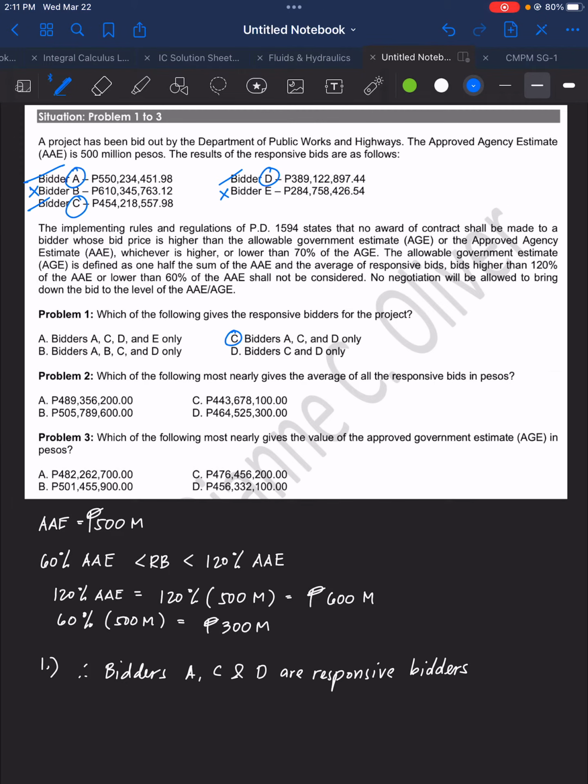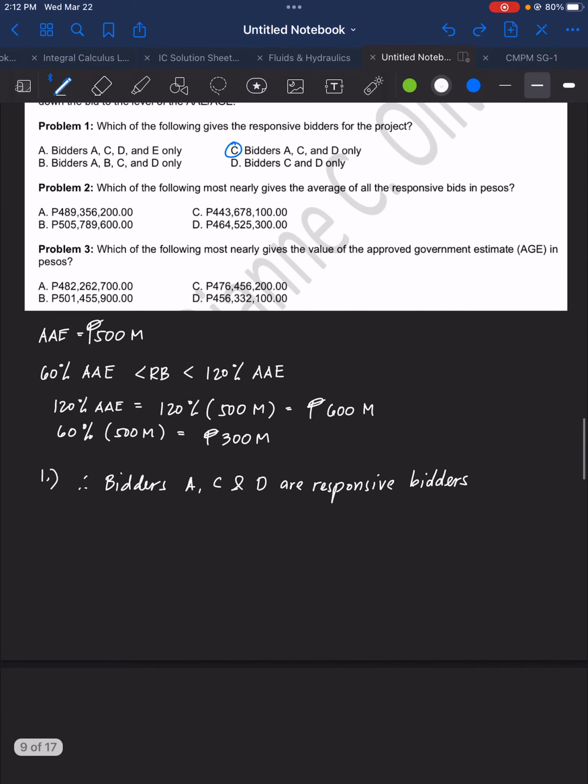Next, problem number 2. Here, which of the following most nearly gives the average of all the responsive bids in pesos? So all you need to do is to add all the bids for bidder A, C, and D, and then divide them all by 3. So for number 2, you just add here bid of A plus the bid of C plus bid of D divided by 3.